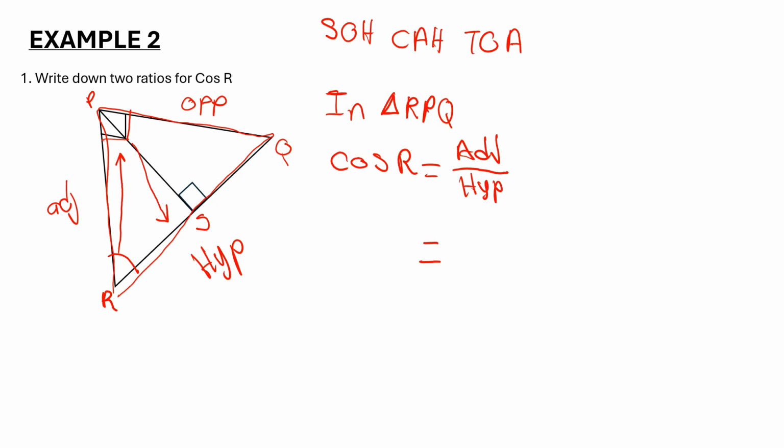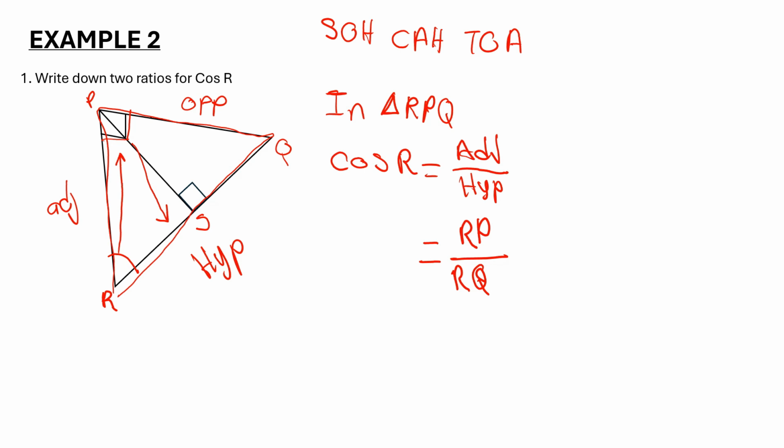We have located our adjacent already. We know that our adjacent is RP, so we're going to write RP divided by our hypotenuse. Our hypotenuse here is RQ, so we're going to write over RQ like that. And just like that, we have found our answer.